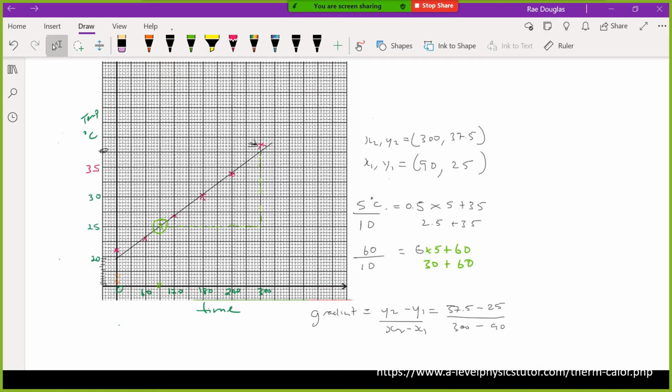Let me work it out here. 37.5 minus 25, I'm getting 12.5 divided by 210. When I'm finished here, I'm getting that my gradient is 0.059.